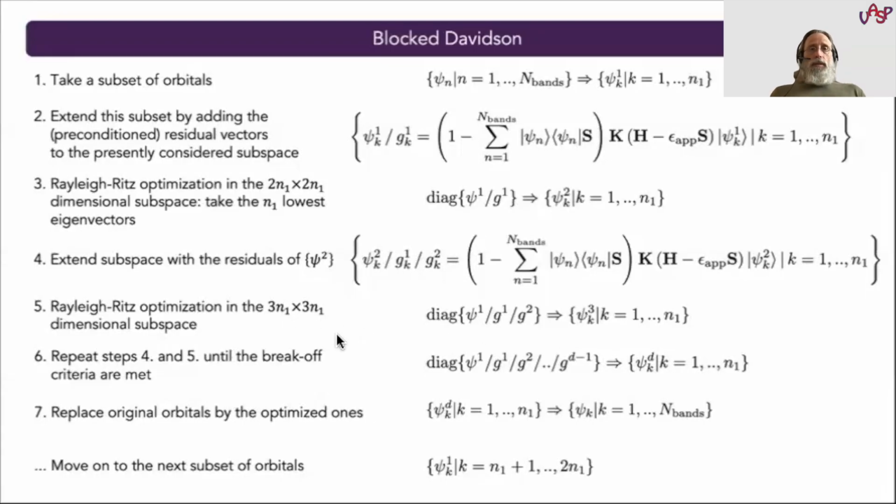We go to an iteration depth of 4, so we extend this until we reach a 4n1 by 4n1 subspace. Once we've done that, or until some other break-off criterion is met, then we replace the original orbitals by the optimized ones, and we move on to the next block of orbitals.